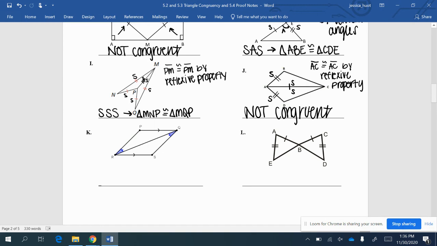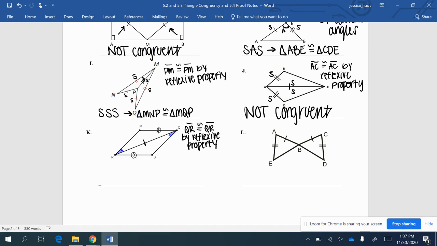Then down here, automatically, again, you're going to see this a whole lot. This side's being shared. So QR is congruent to QR by reflexive property. Then I'm also seeing I have right here and right here.